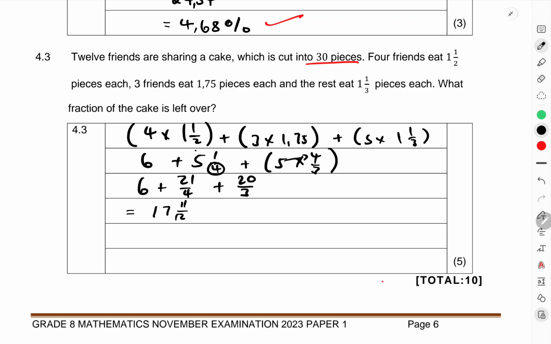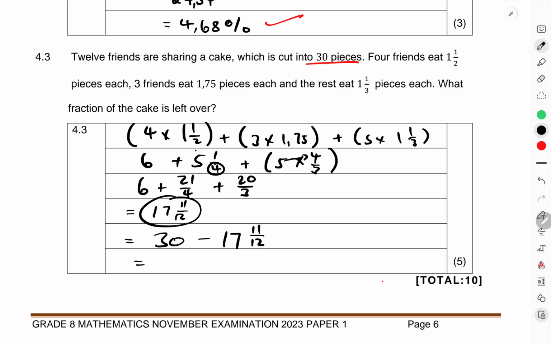Now this is the amount of slices that were eaten. In total we had 30 slices, but these are the ones that were eaten, right? Therefore, we should find the number of slices that are left over. I'm going to say 30 minus the number of slices that were eaten, which is 17 11 over 12.